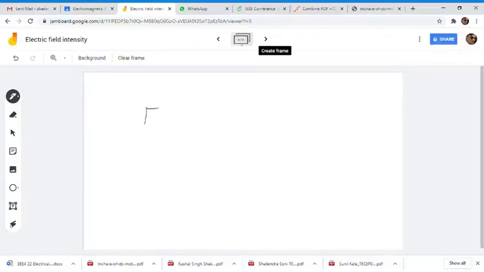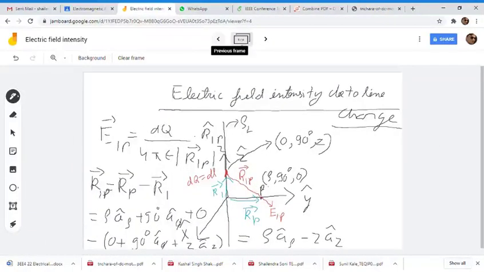Okay, so now we will complete the equation of E1p. Our electric field due to our small charge will be a small electric field, because it is due to a small charge. So this will be dq. dq you can write as rho l into dl, the charge density into the length. Now 4 pi epsilon and the mod of r1p.